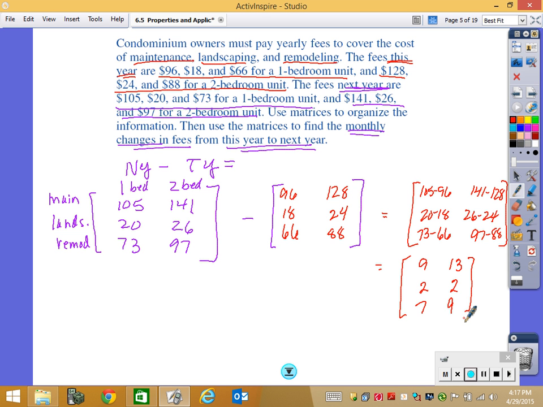Now that's on a yearly fee, and we wanted monthly changes. So then I would take 1/12 times it all. So it would be 9/12, 13/12, 2/12, 2/12, 7/12, and 9/12.